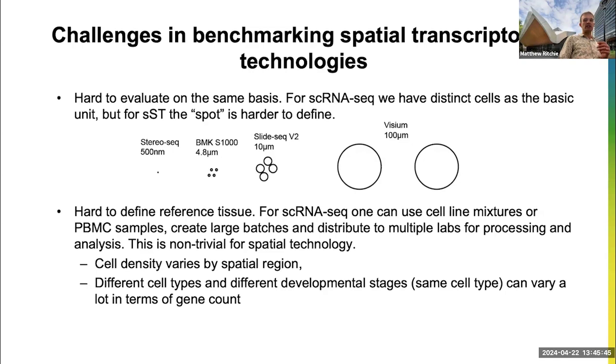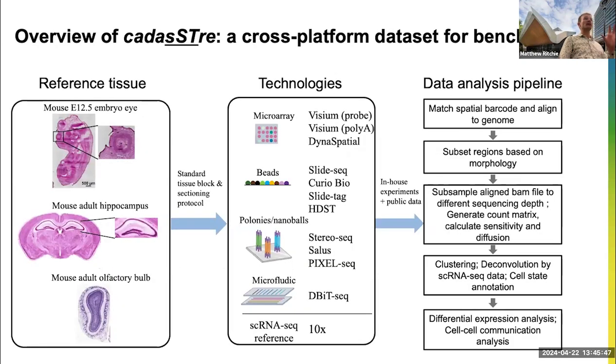So the idea here, once again, is let's use a reference tissue that we can get relatively easily again and again. We're going to use the mouse embryonic eye, the adult mouse brain, or the mouse olfactory bulb. So 3 different tissue types. And then 11 different sequencing-based spatial technologies, from Visium to slide-seq to stereo-seq and dbit-seq, covering microfluidic systems.